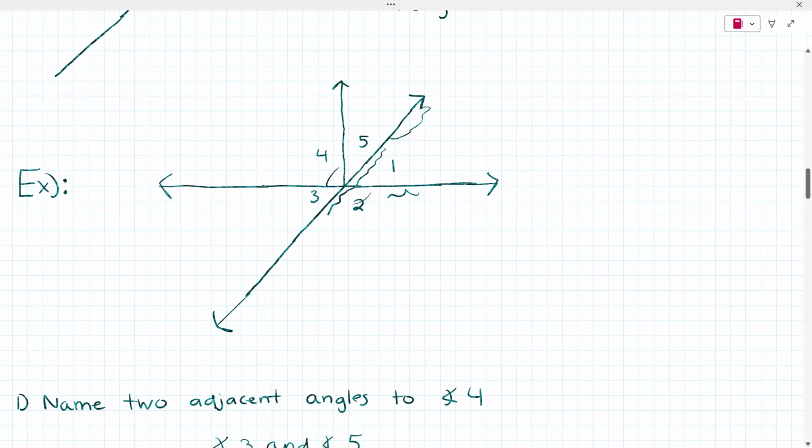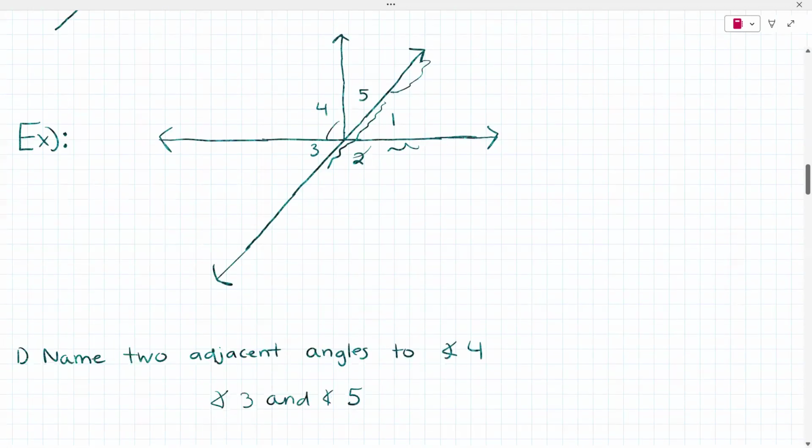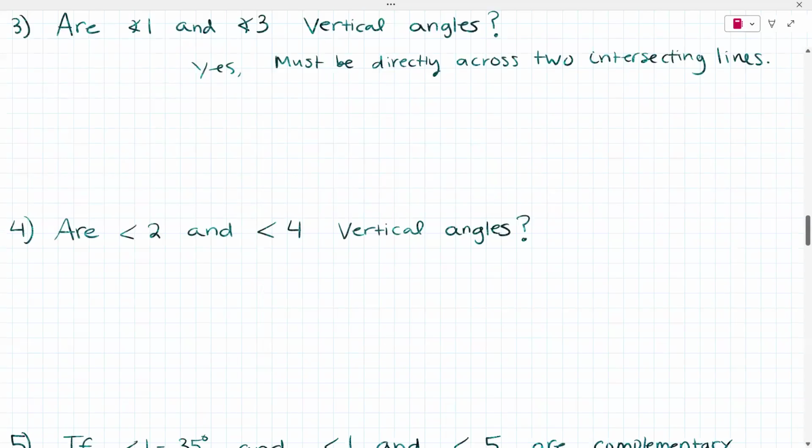No, they're not, since angle 2 is opposite from two other angles.